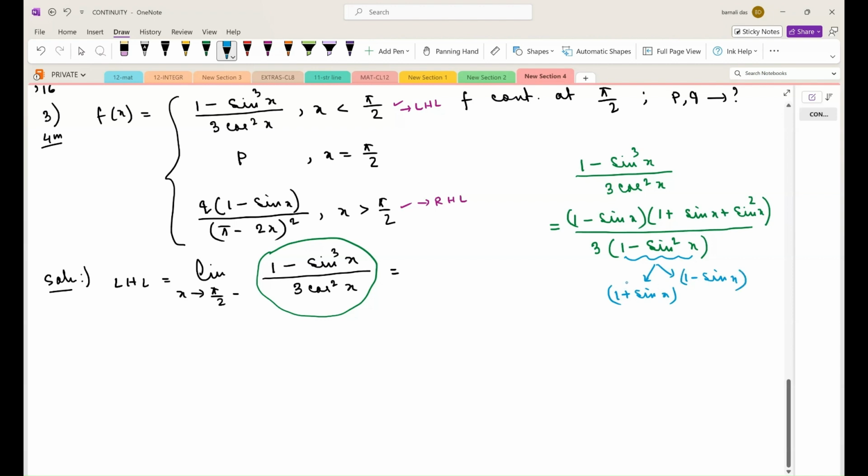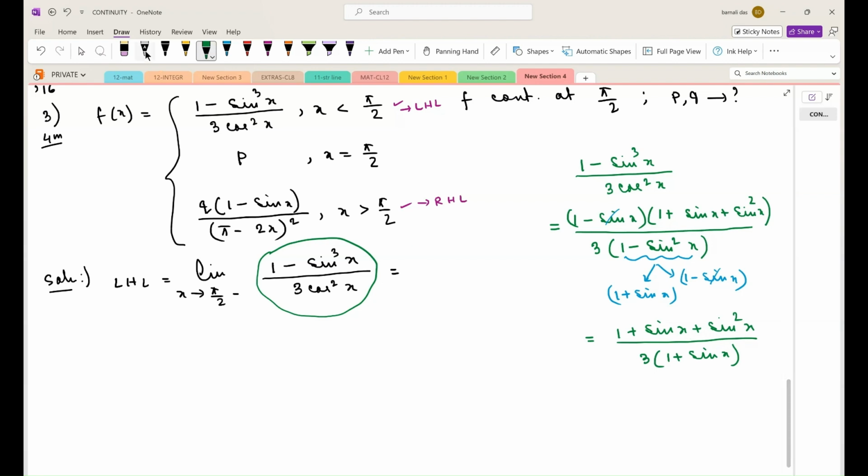So in the very next step, this 1 minus sine x and this 1 minus sine x will cancel. So you will be left with only 1 plus sine x plus sine square x in the numerator, and in the denominator you will be left with 3 and 1 plus sine x. Now you see the indeterminate form is gone.